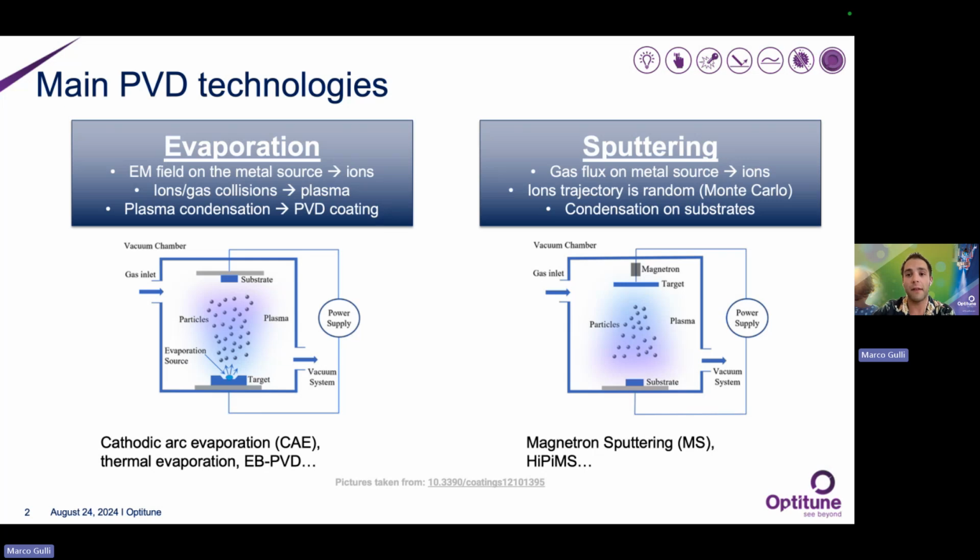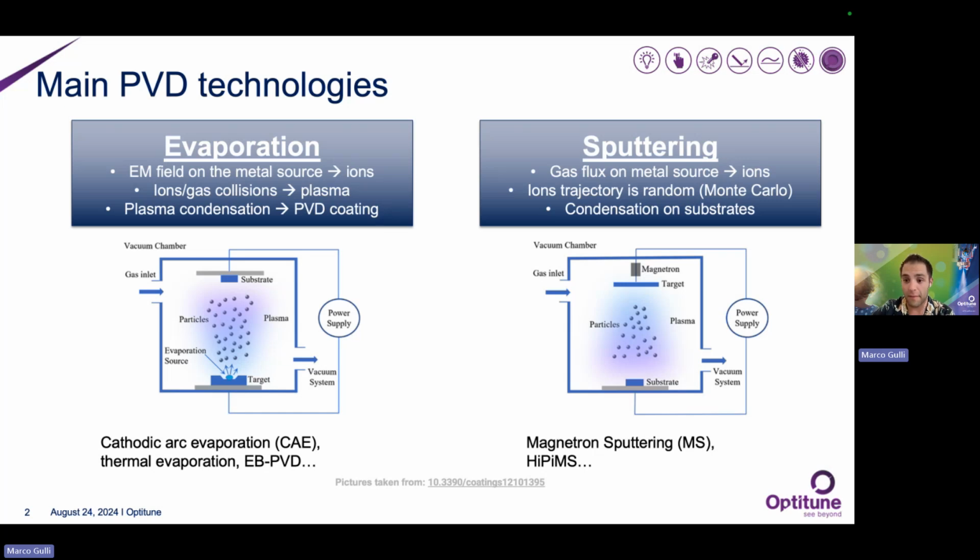On the other hand, we have sputtering, in which the extraction of metal particles is different. It's not by means of an electromagnetic field, but it's a mechanical extraction. A gas flux is directed on the surface of the metal source itself.